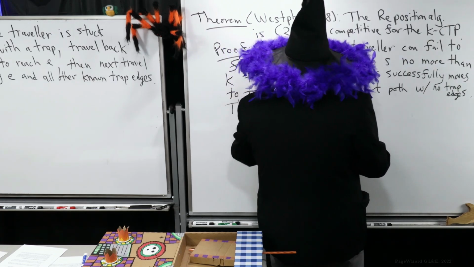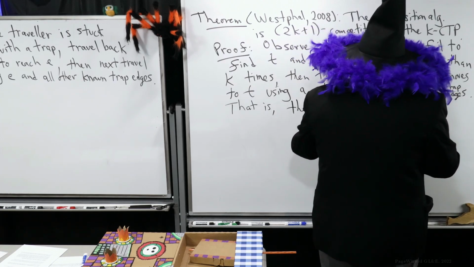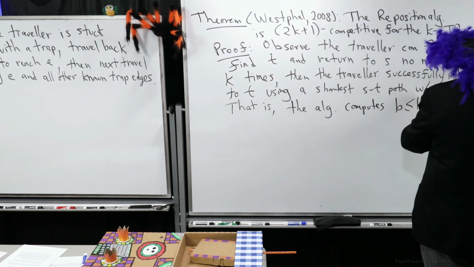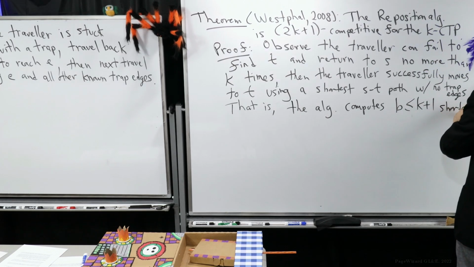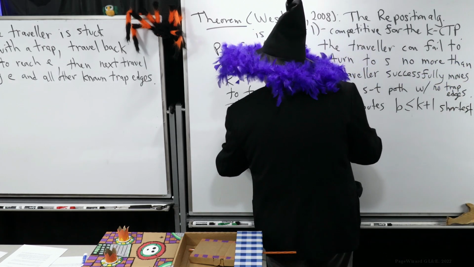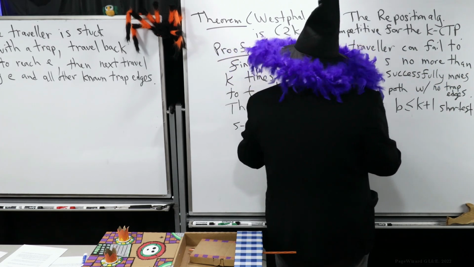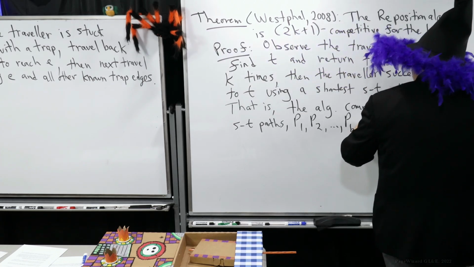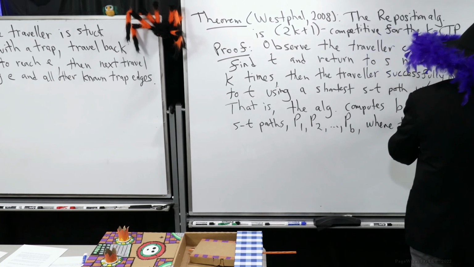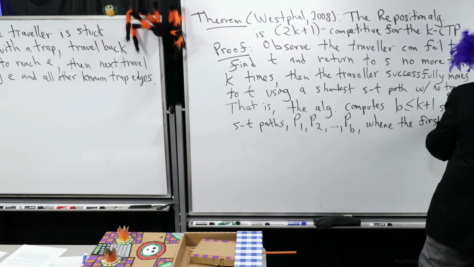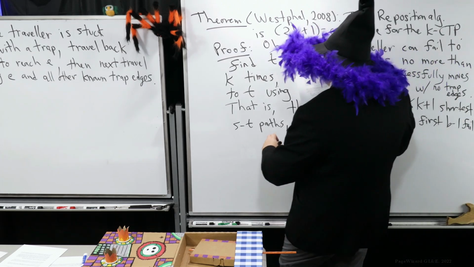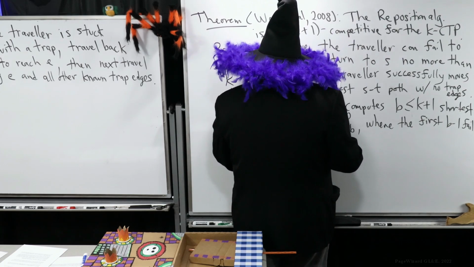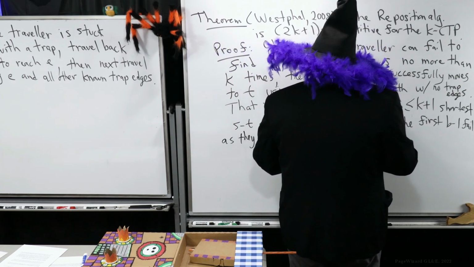That is, the algorithm computes B, which is going to be at most k plus 1, shortest ST paths, which I'm going to give names: P1, P2, all the way up to PB, where the first B minus 1 fail as they encounter trap edges.